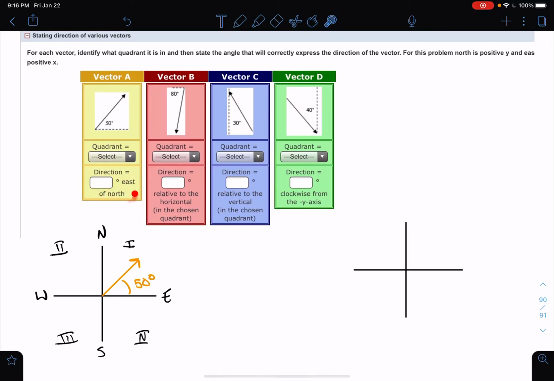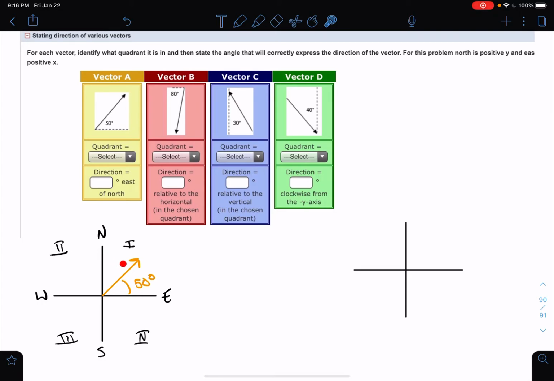That means you start at the last of the two directions stated, north. So that means I start north and I go east. If it said west of north, I would start north and I would go west. If it said south of east, I would start east and I would go south until I hit the vector. But here it says east of north, so I'm going to start at north and I'm going to go east.